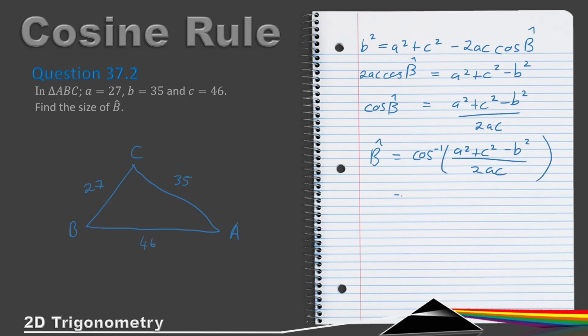Okay, and substitute. A is 27 squared plus C is 46 squared minus B is 35 squared, all over 2 times 27 times 46. Close bracket.